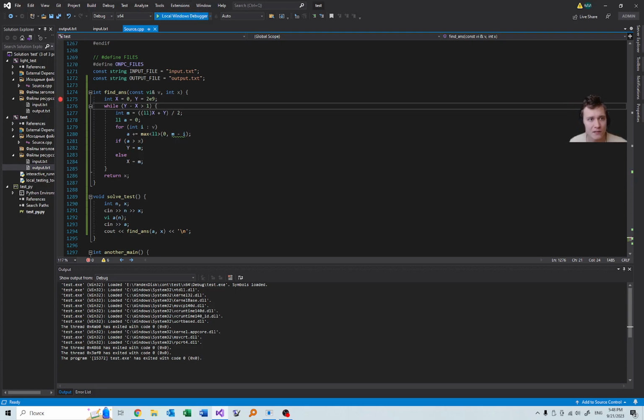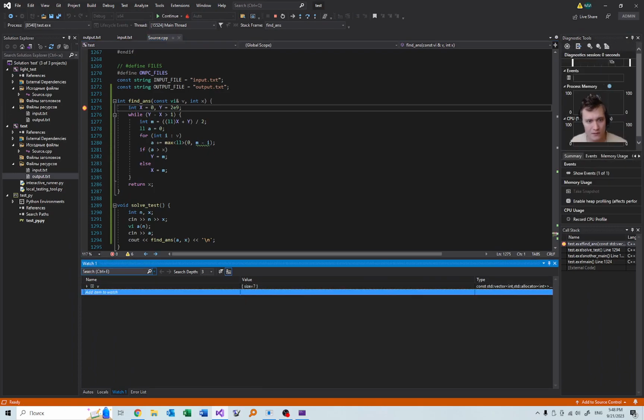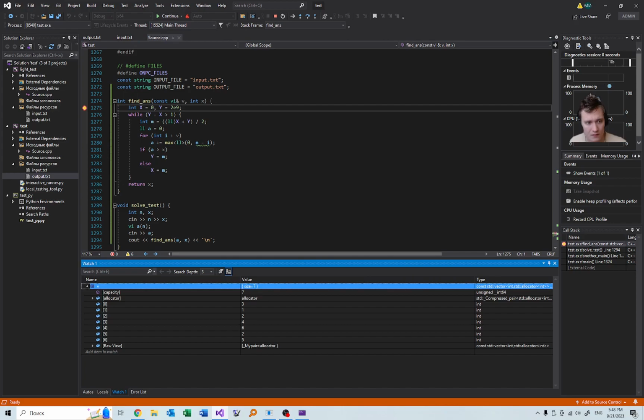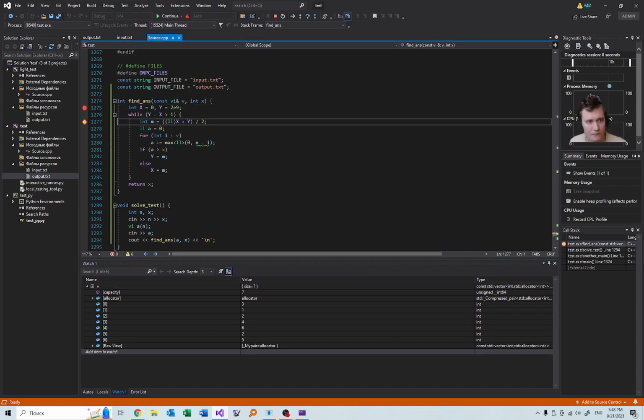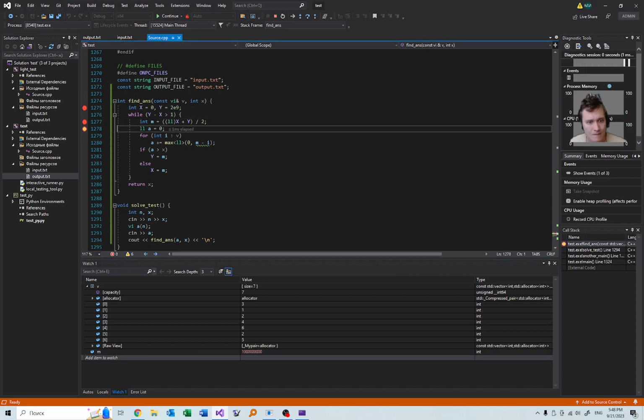Let's look into this function. So we have v. For some reason, if m is between 4 and 9, something wrong happens.